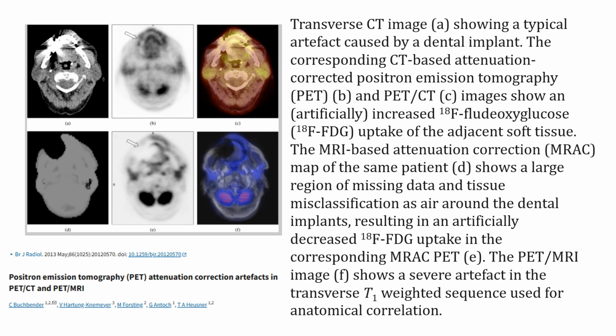On the other hand, the MRI-based attenuation correction map of the same patient shows a large region of missing data and tissue misclassification as air around the dental implant. This misclassification is resulting in an artificially decreased FDG uptake in the corresponding corrected PET image. The PET MRI image shows a severe artifact in the transverse T1 weighted sequence used for anatomical correlation.